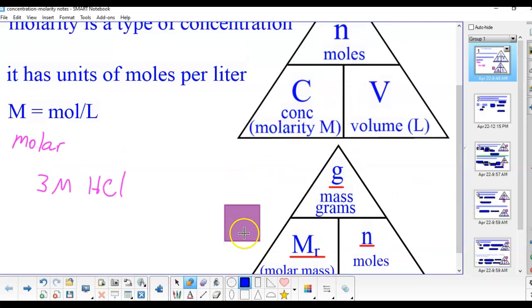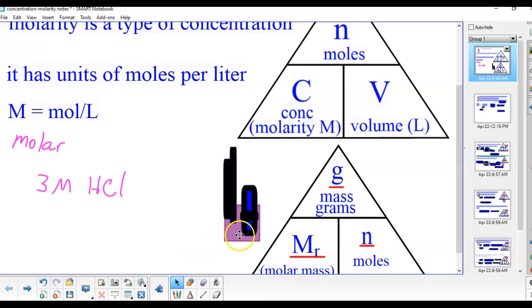Remember, when you wish to highlight something, when you wish to find the missing variable, you cover it up, and that would indicate taking moles divided by volume gives you molarity.